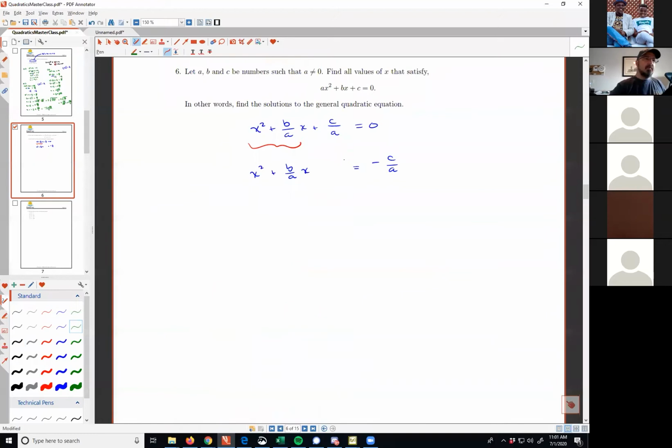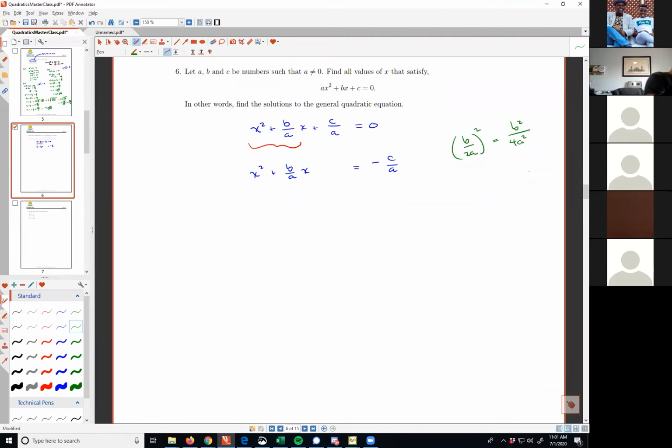So would that be b over 2a, squared? That's right. So that's b squared over 4a squared. That's right.